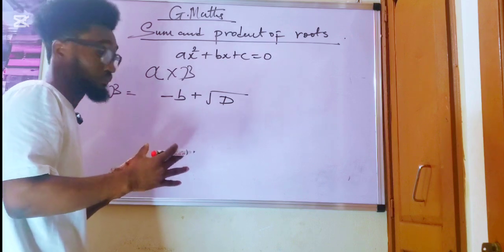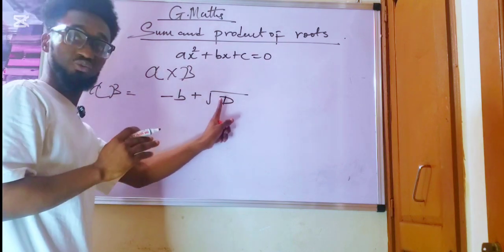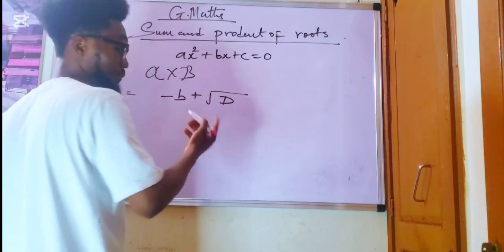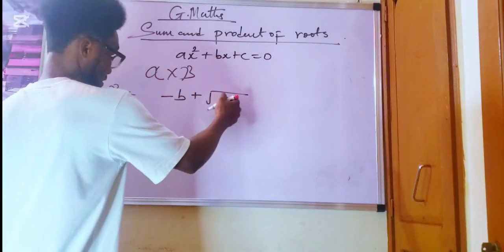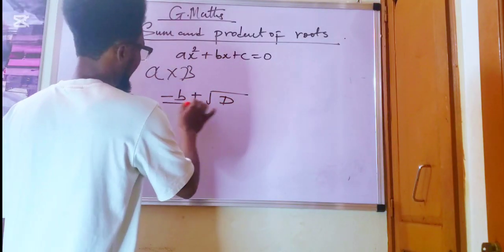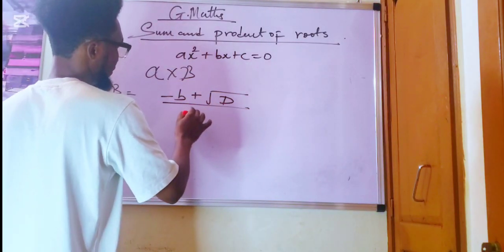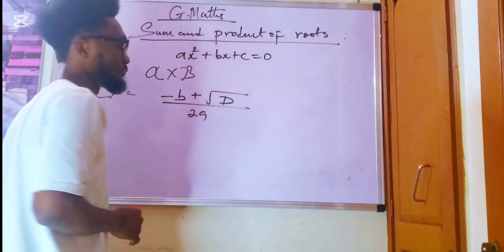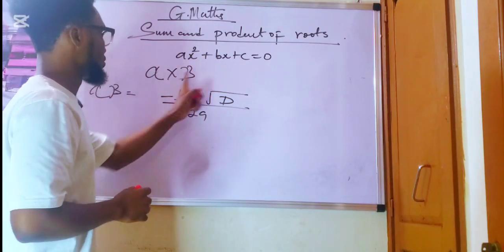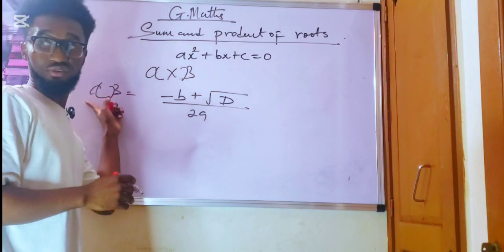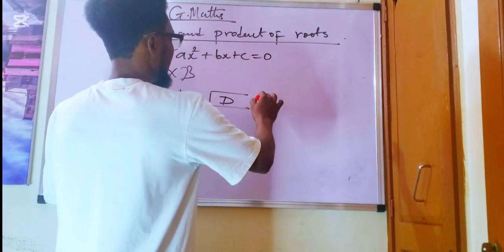Okay, so replace this with D, right? Remember it's b square minus 4ac that I replace with D, divided by 2a. Are we good? So this root is representing the alpha root, right? Good.